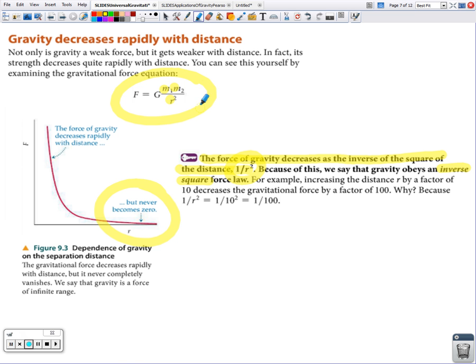The only way that we could make F in this equation be 0 would be if r was infinity, and you can't have infinity meters. It can be really, really big, but it has to be a number. So as we get farther and farther apart, that force of gravity gets smaller and smaller, but regardless of how far away they are, there is always at least some force of gravity between them. Good there.